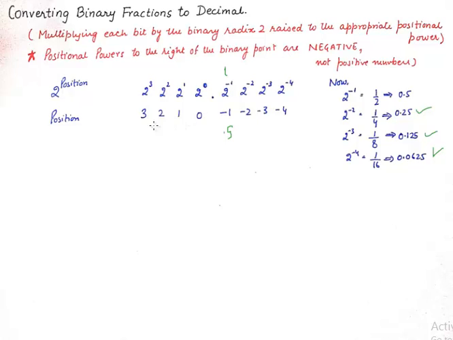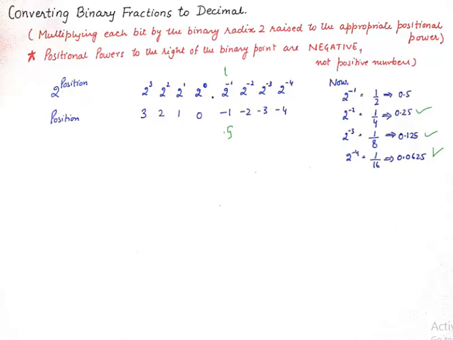So over here it says that the position of this bit is 0th, 1st, 2nd, 3rd, 4th, and the position of this one is minus 1, minus 2. So this can be thought of as an axis with the positive numbers and negative numbers.